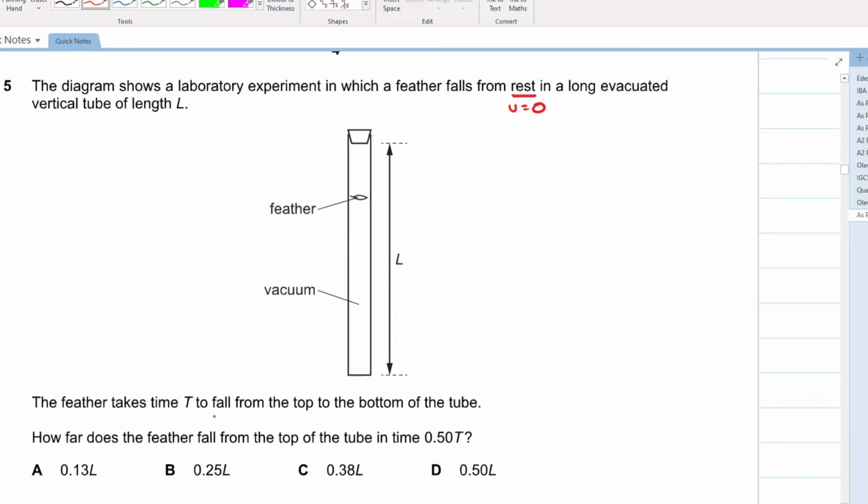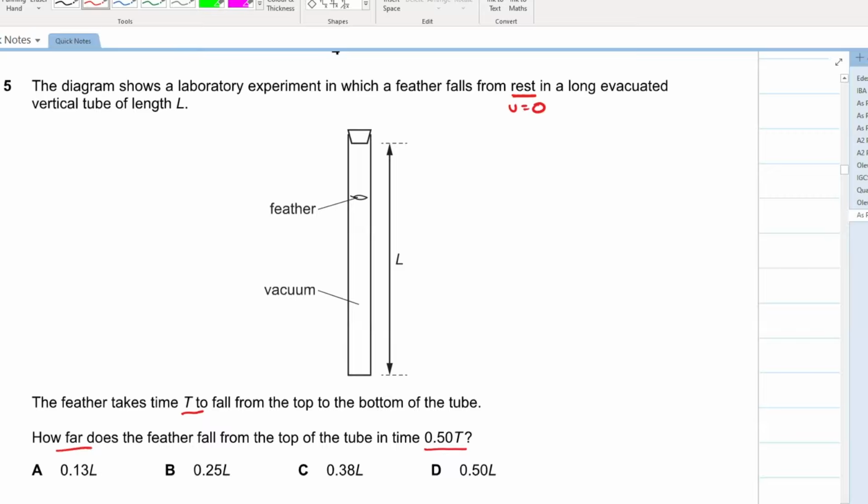This is your length L. The feather takes time t to fall from the top to the bottom of the tube. How far does the feather fall from the top of the tube in time 0.5t? Beta, the examiner is asking you a very innocent question. The examiner is saying that if time T is taken to fall the whole length, what is the distance fallen in 0.5t?